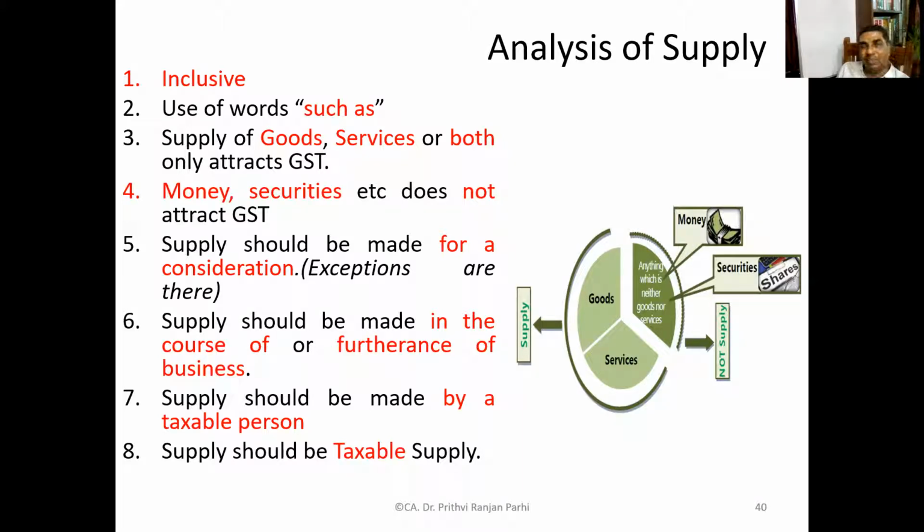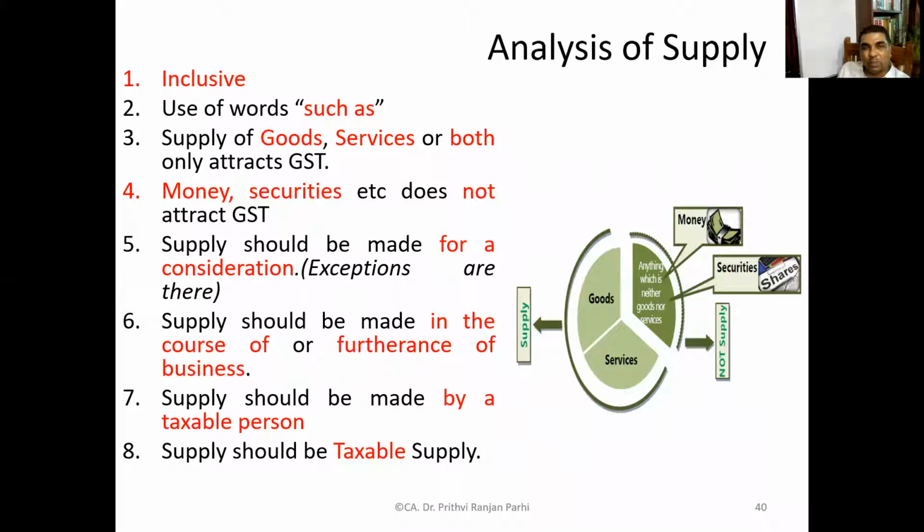It is also very important to learn that consideration is important. Supplies should be made for a consideration, but exceptions are there. You have seen Schedule 1, where certain transactions are regarded as supply even if there is no consideration. Exceptions are there, but normally consideration is important.